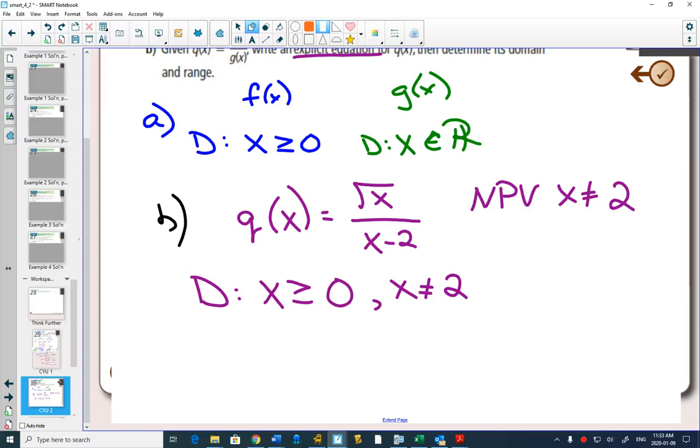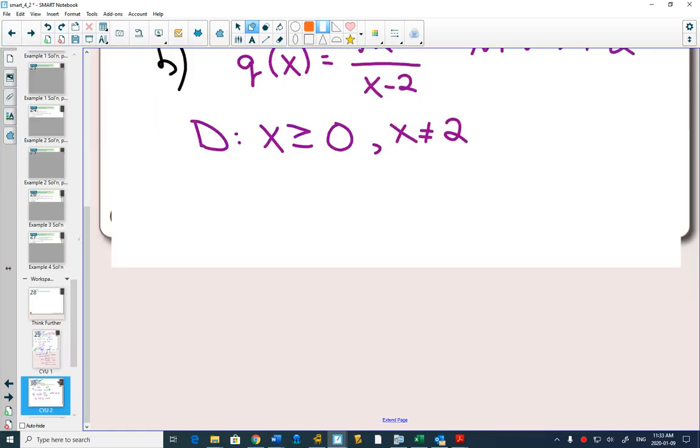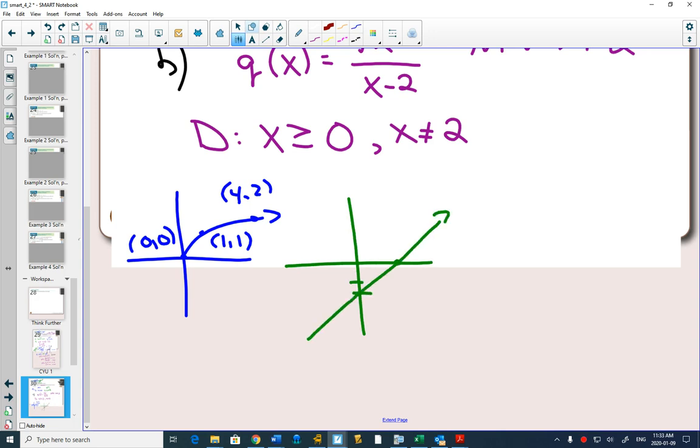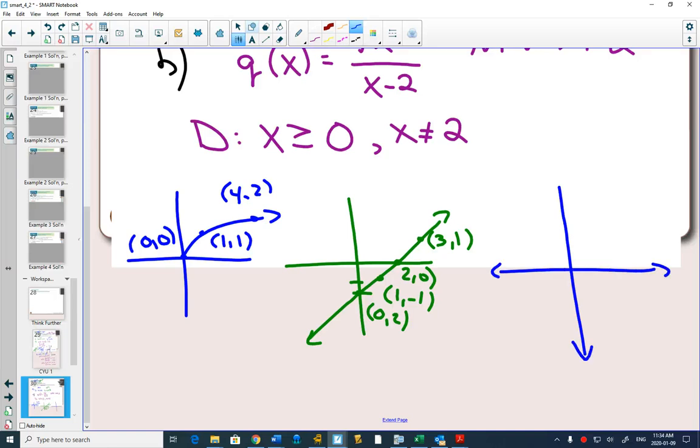So the only way we can do this as a graph is to take our first graph, which was a square root graph, 0, 0, 1, 1, 4, 2, and so on, and our second graph, and try to put them together on our purple graph.